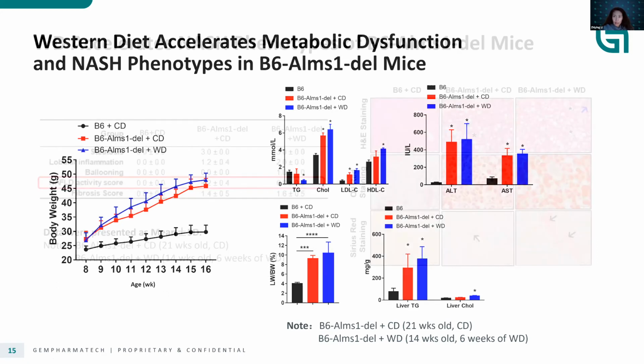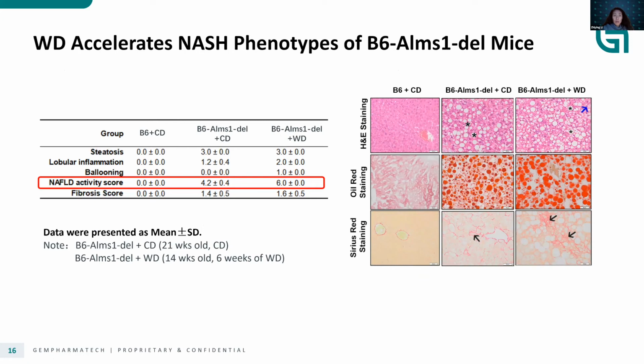In the next one, this is the most relevant for the disease onset and progression. So not only the animal needs to have the metabolic dysfunction, but also the liver pathology or histopathology is a hallmark of the onset and progression from NAFLD to NASH.